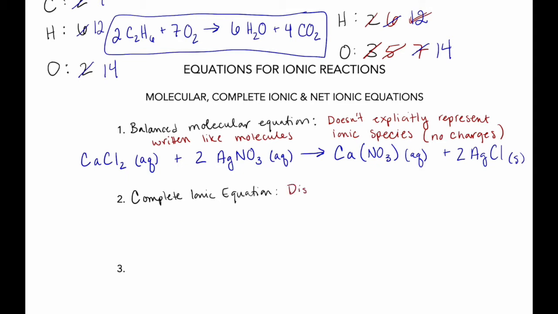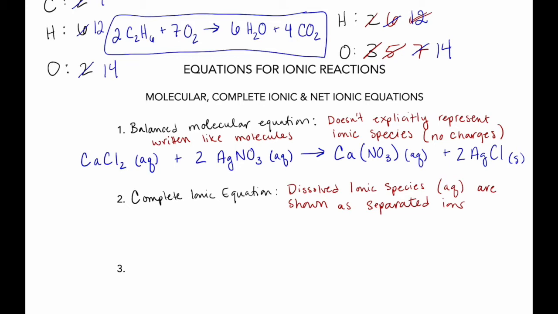So here we say dissolved ionic species, ions, which are aqueous substances, are going to be shown as separated ions, not molecules. Okay, so anything aqueous is going to show as separated ions.